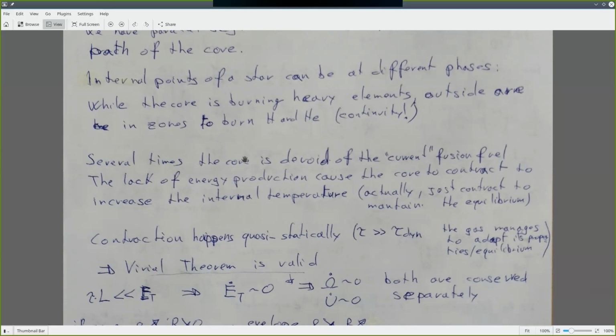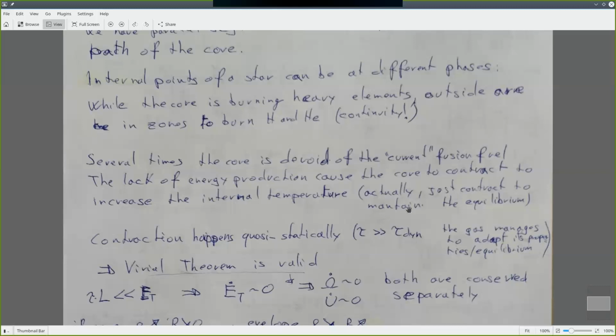This causes a contraction of the core, because the energy produced by the core is part of the equilibrium. So the star will start to contract and increase its internal temperature to burn the new element.